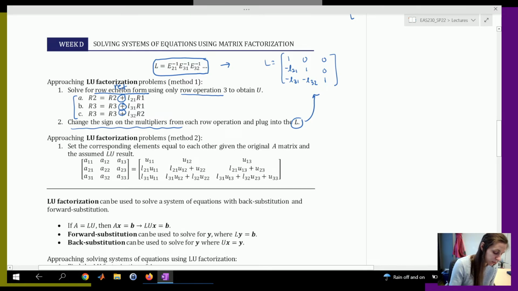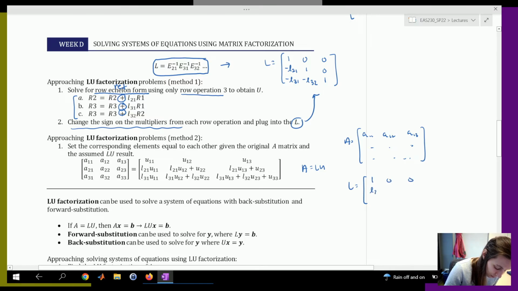What we can do is we know that A equals LU, where A is composed of these numbers, A11, A12, A13, etc. And we know what L looks like. L looks like this. I'm going to make them positive. And U looks like this.